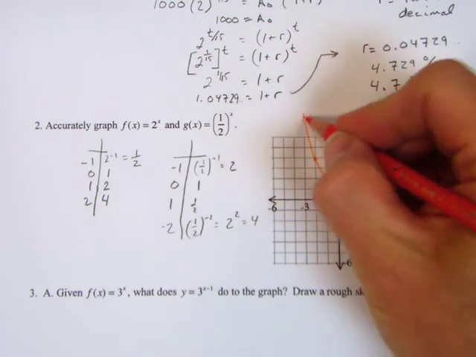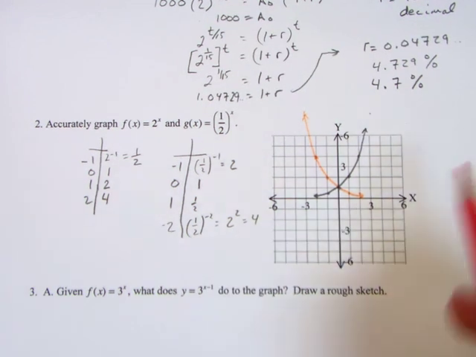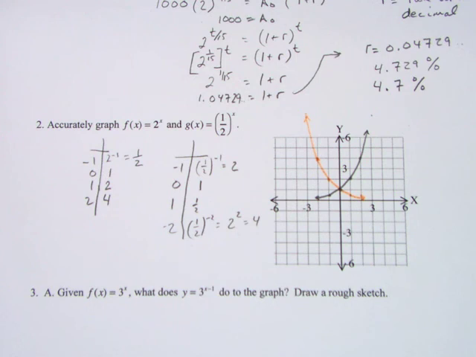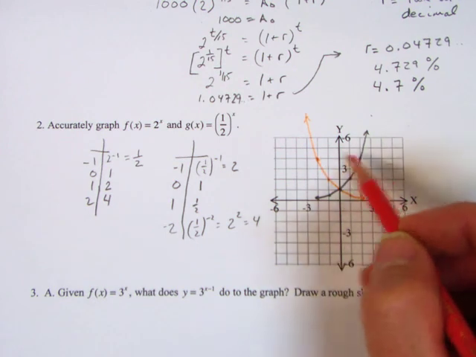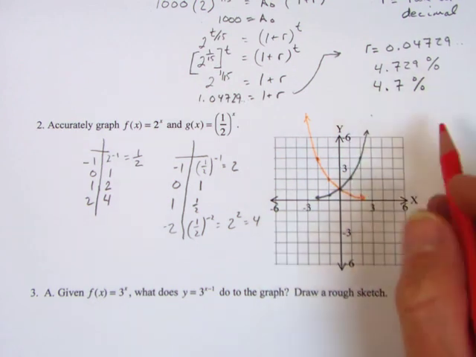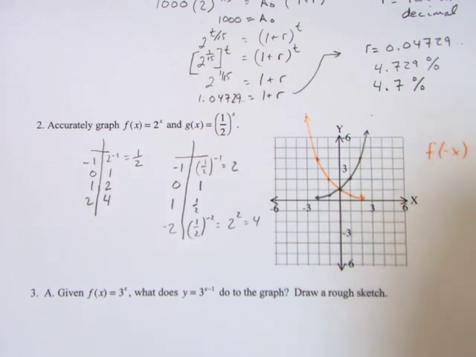What did we study back in chapter 4 that goes over this idea? How do you reflect a graph about the y-axis? What you're doing is all the positive x values become negative, and negative x values become positive. So what we're looking at is f of -x.